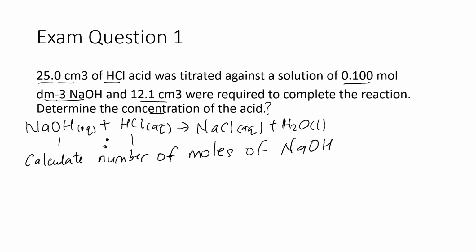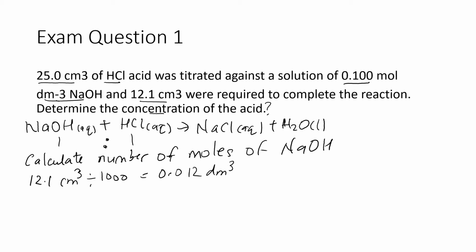In the meantime, we are going to change the volume, which is 12.1, into dm cube. So if we change 12.1 cm cube into dm cube, then you need to divide by 1000. That will give you 0.012 dm cube. So that's your volume being changed into the right units.